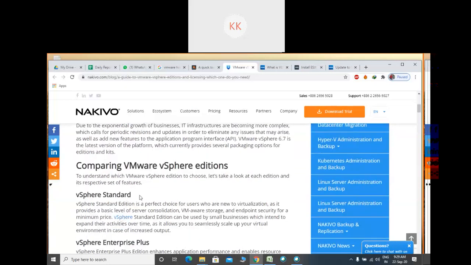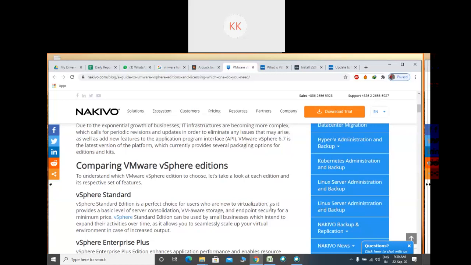vSphere Standard edition is a perfect choice for users who are new to virtualization. The product line is exactly the same, but this comes with a very limited number of features. Buying VMware is something like buying a car.